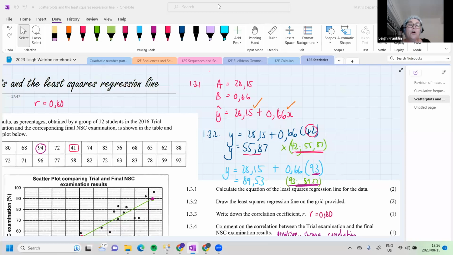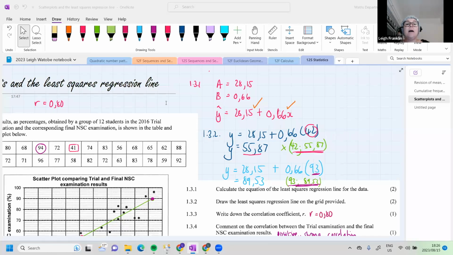The closer the points lie on a straight line, the higher the correlation coefficient is going to be. The further the points are away from the line, the weaker, the closer to zero the correlation coefficient is going to be. Okay, Oratile. Yes, you can have a weak positive correlation. That would be possible. I don't really know what the point of something like that would be, but you're going to see in the next example.